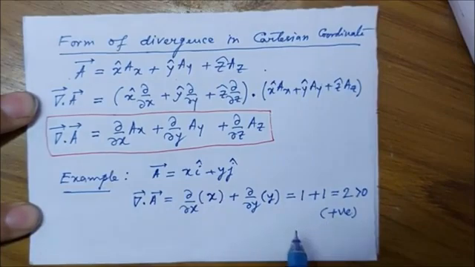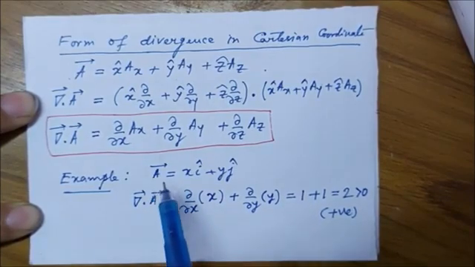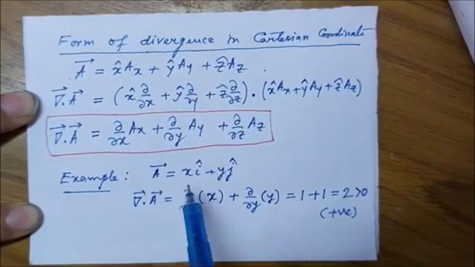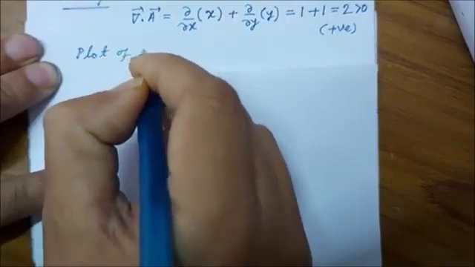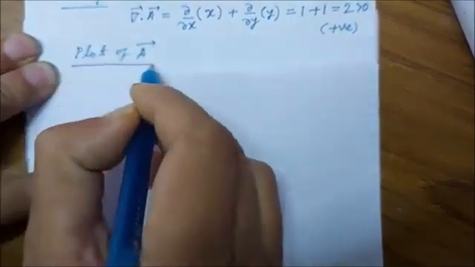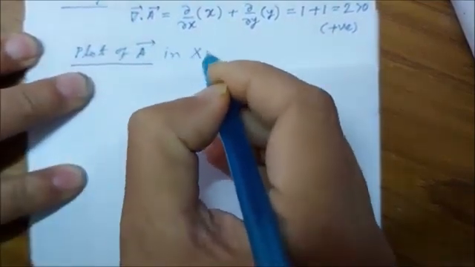Now what do we mean by this statement? To understand that, we have to make a plot of vector A in the xy space, and we shall do that now. So let us make a plot of vector A in the xy plane.